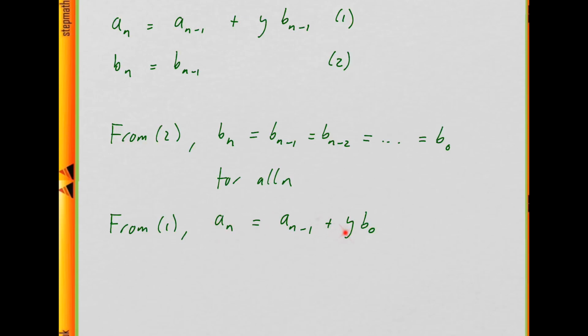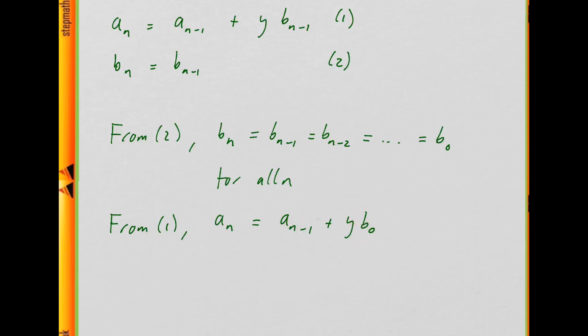And what we have to recognise about this is, okay, we've got An equals An minus 1 plus something, so to get to the next term we start with the previous term and add something, and this something is constant. It depends on y, which we're not told anything about, so it's just a constant number, and B0, which is just some constant number that's the first term in the sequence. So that means we've basically got an arithmetic progression because we're just adding a constant to get from one term to the next.